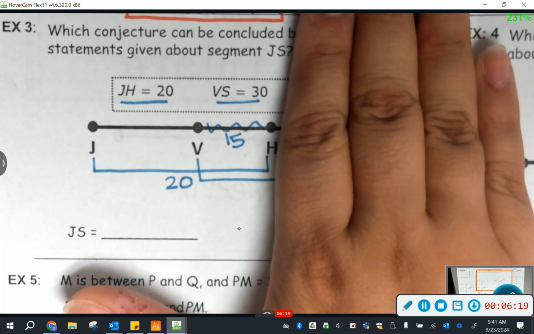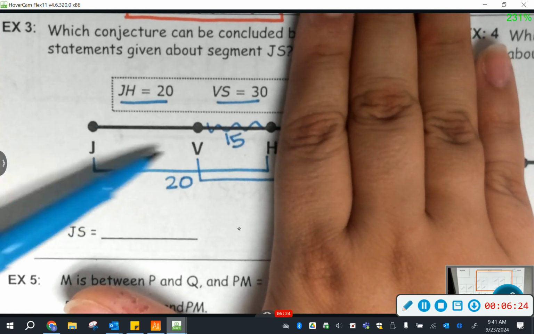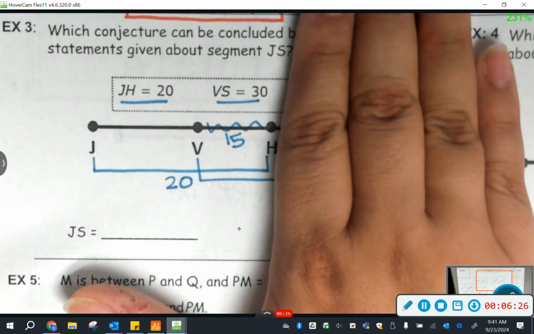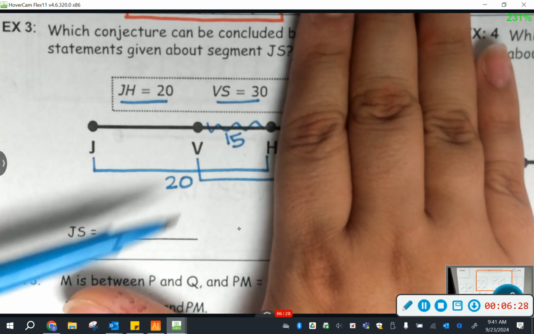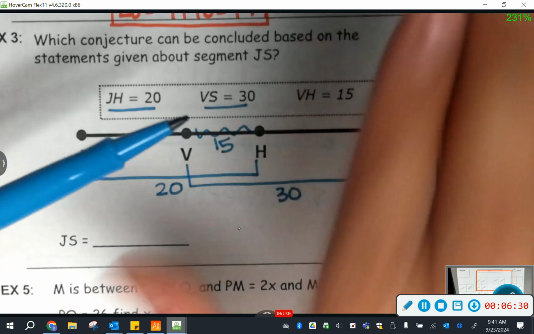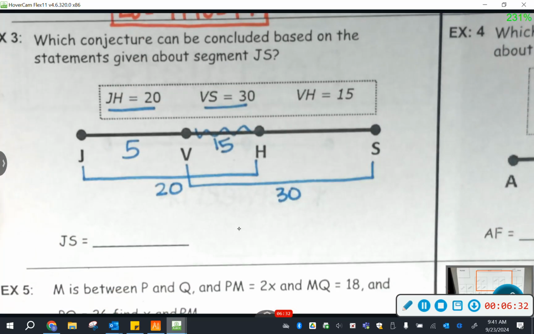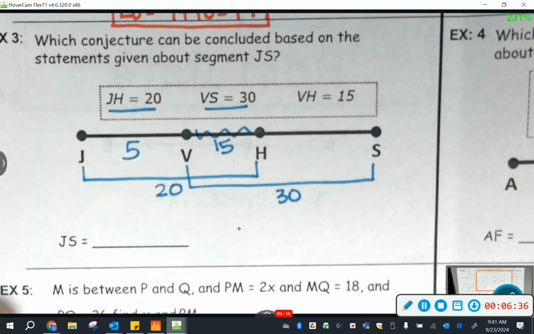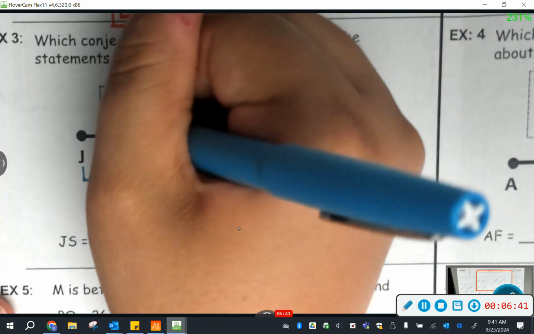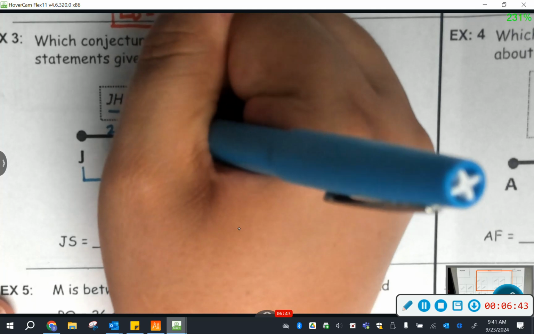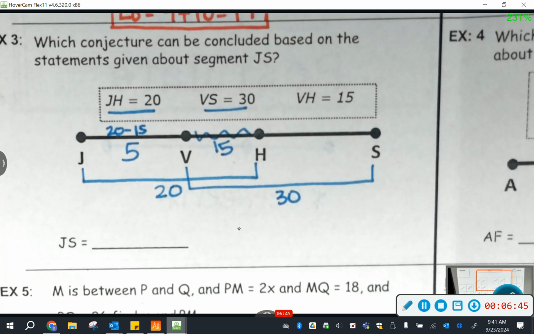I know JH is 20. I know VH is 15. Can I figure out JV? How? What's 20 minus 15? Do y'all agree that's 5? Because what's 5 plus 15? 20. Cool. Are we okay with that? And if you want to write above it 20 minus 15, you can write that above it.